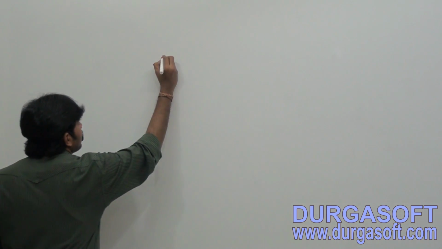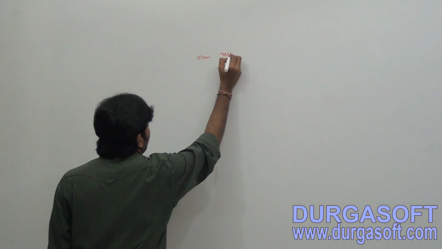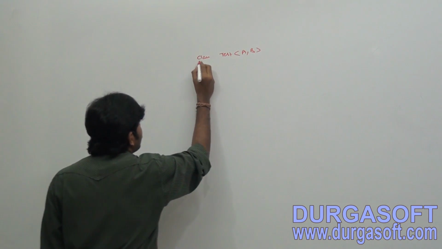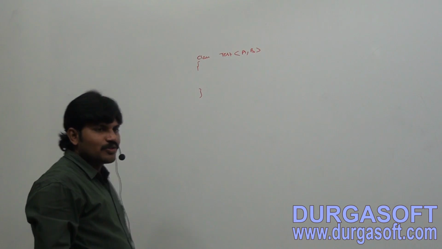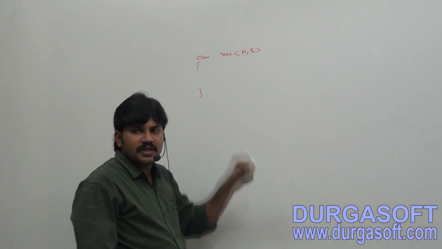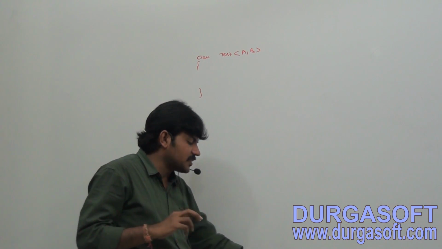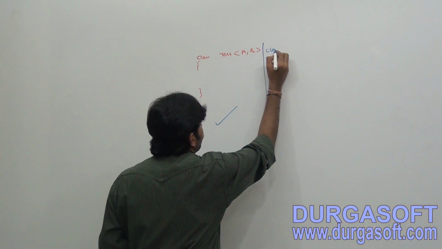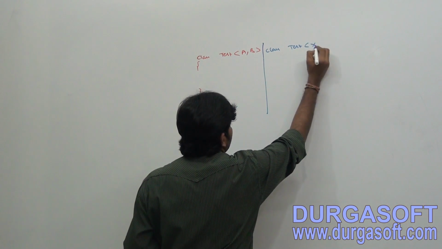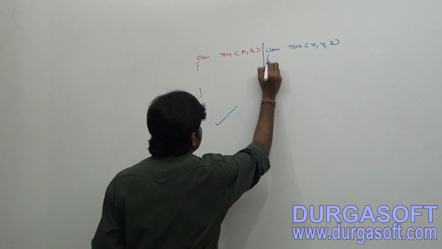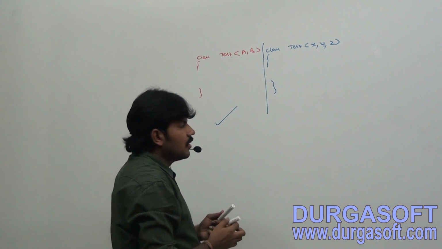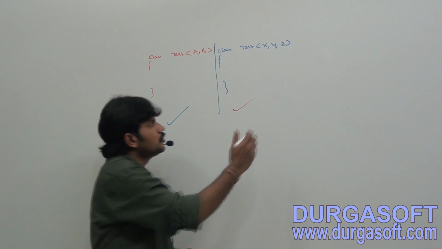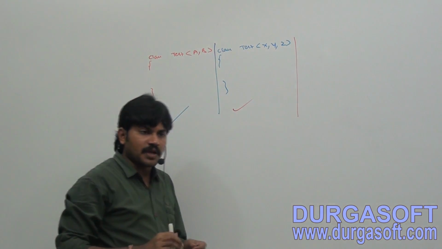Best example, class Test of A comma B. How many type parameters am I taking? 2 type parameters. And these type parameters can be separated with the comma symbol, right? Like next, class Test of X, Y, Z. How many type parameters am I taking? 3 type parameters, no problem at all. Based on your requirement, you can declare any number of type parameters, right?